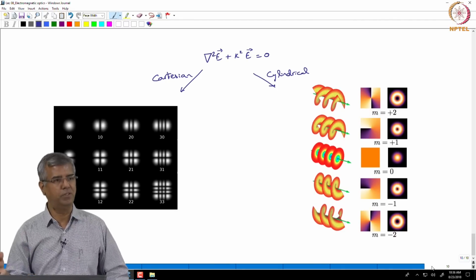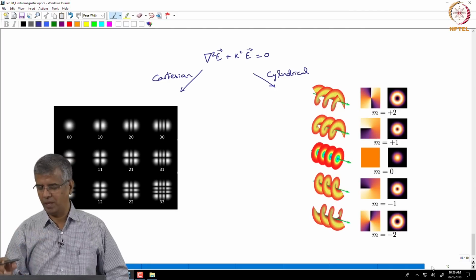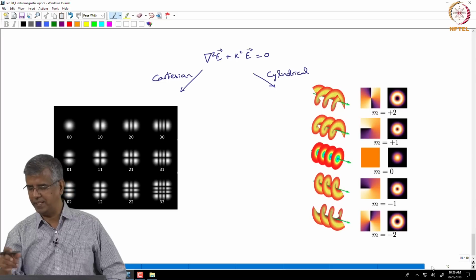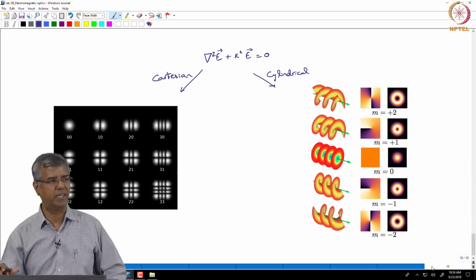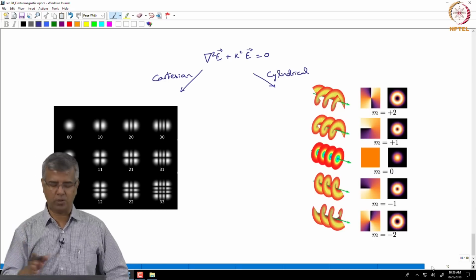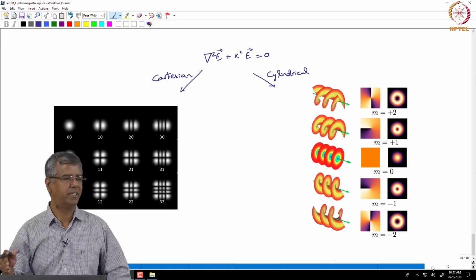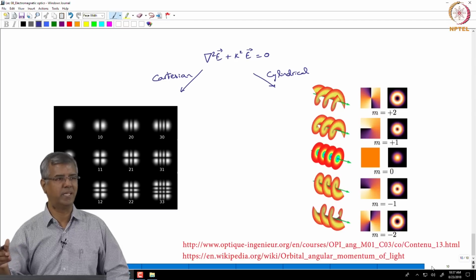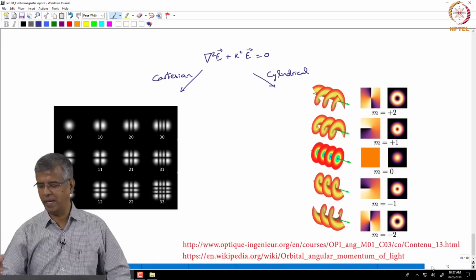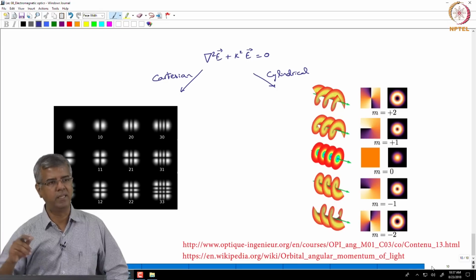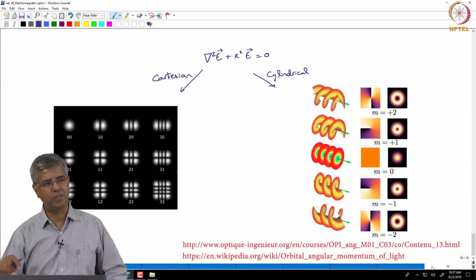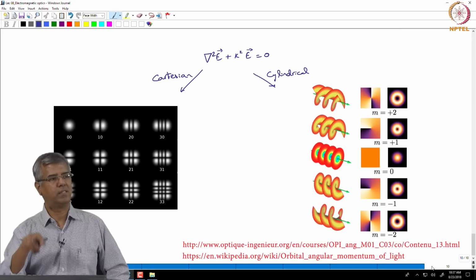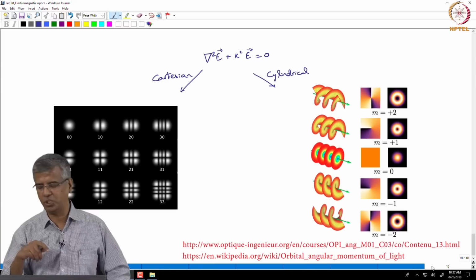You can actually get solutions once again, where L is the same as m over here, okay. So, when m equals 0, that just corresponds to your plain old Gaussian beam propagation. It does not have any orbital angular momentum, but when m or L increases in value, it corresponds to this helical motion.